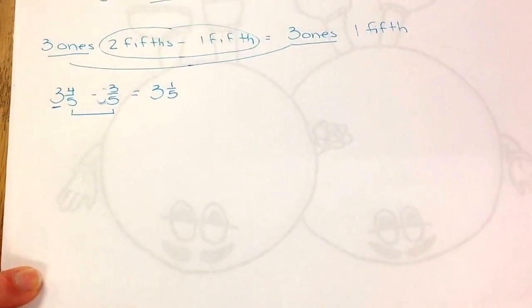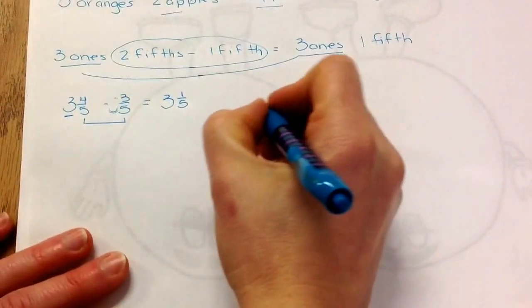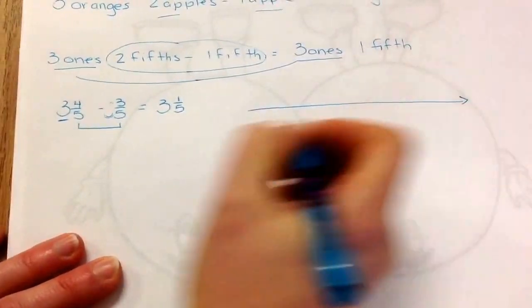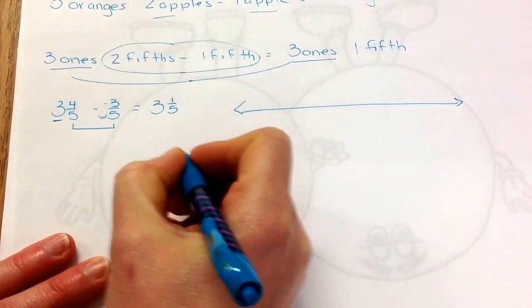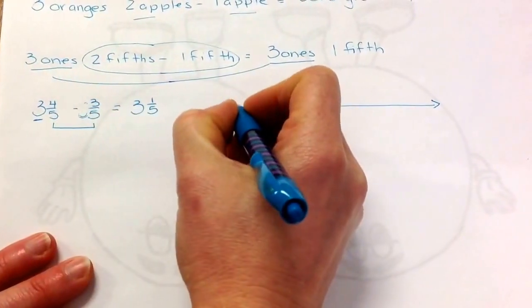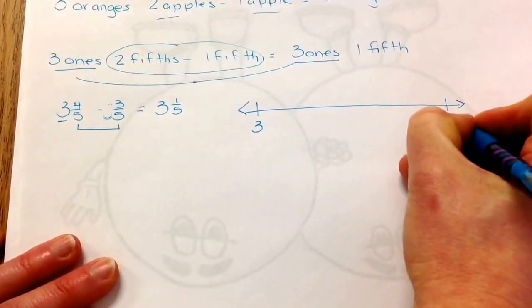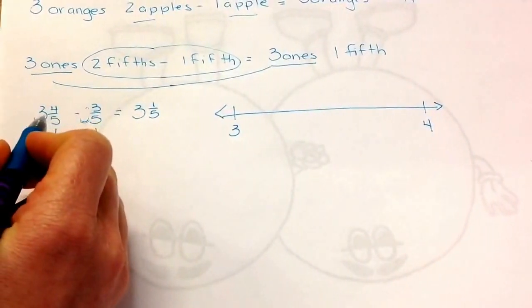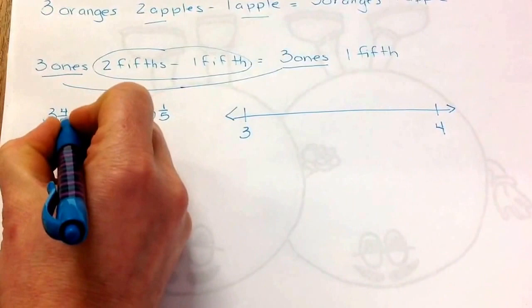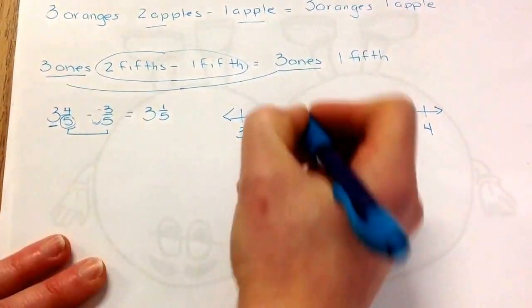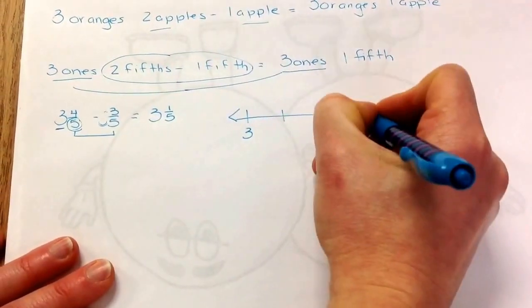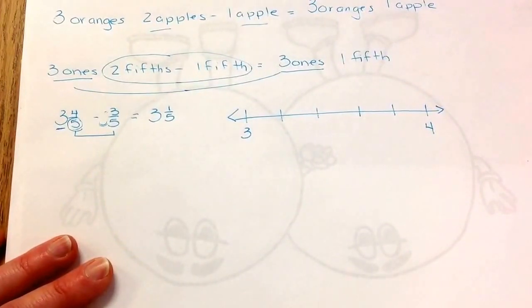If you want to see this played out on a number line, it looks a little like this. I have 3 and 4 fifths, so I'm going to start at 3 and go to 4 because I know I'm subtracting. And we're working with a fraction of fifths. So I'm going to cut this into fifths the best I can.